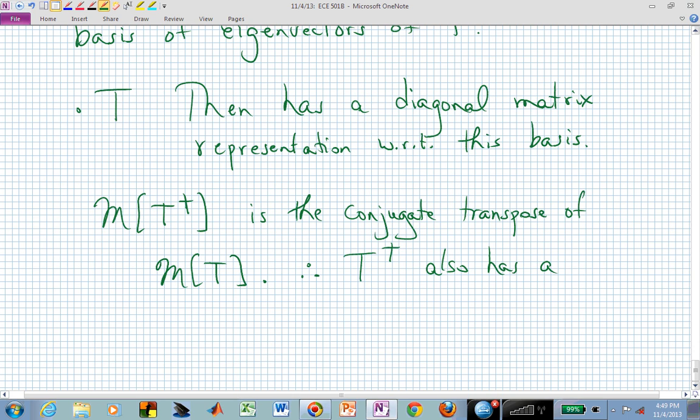So T dagger, or the adjoint of T as a map, also has a diagonal form with respect to this basis.